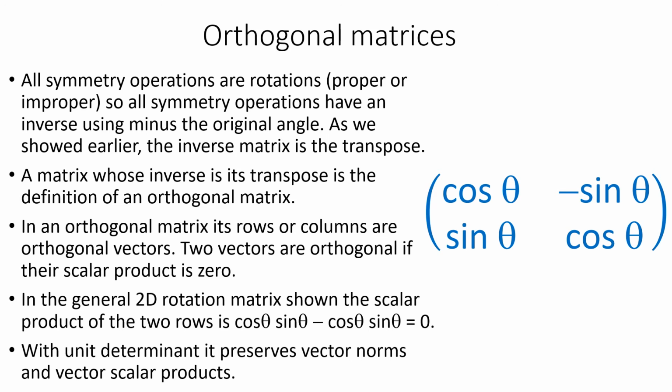So it's got a unit determinant, and the determinant of a matrix is rather like its scale factor. Having a unit determinant means if it operates on another vector, for example, it doesn't change the length of that vector. And in not changing the length of the vector, all it's effectively doing is rotating the vector. And of course, that's what we expect with a rotation matrix like this.